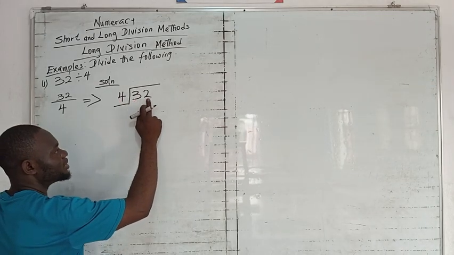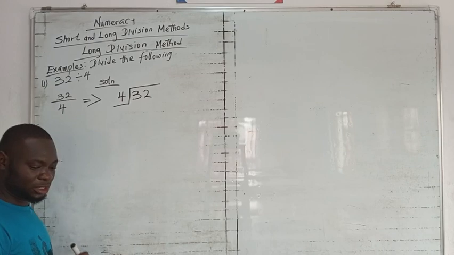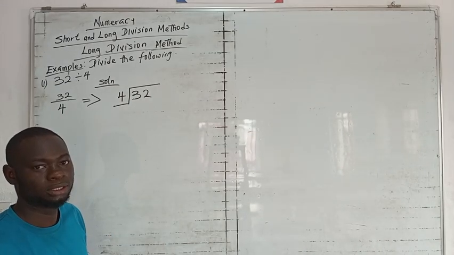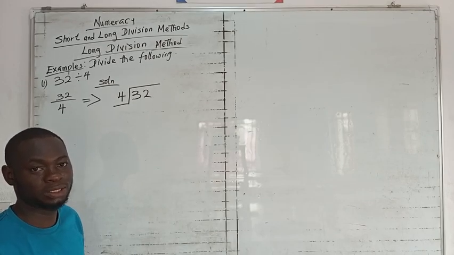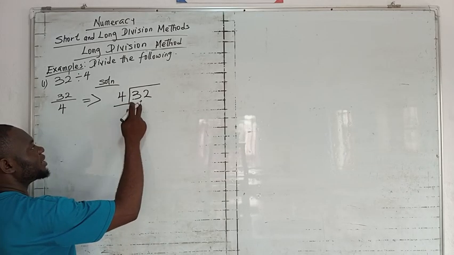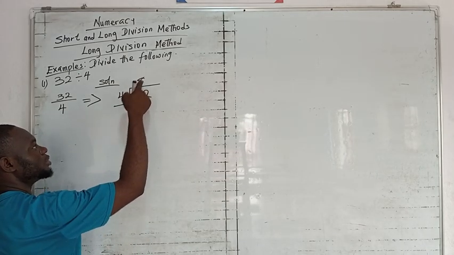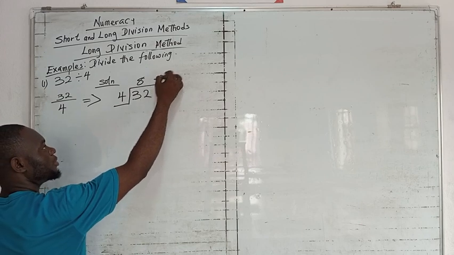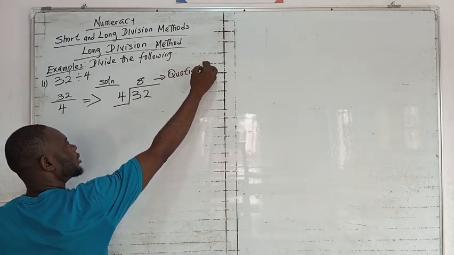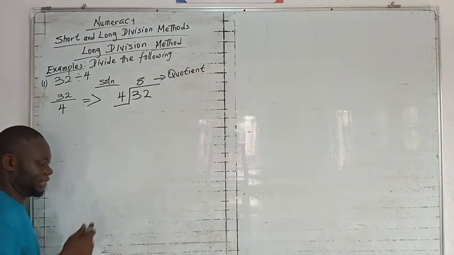4 divided into 32. Ask yourself, 4 times what will give us 32? 4 times 8, right? So 4 divided into 32 is 8. We write it here. This up here is where we have our quotient. 8.